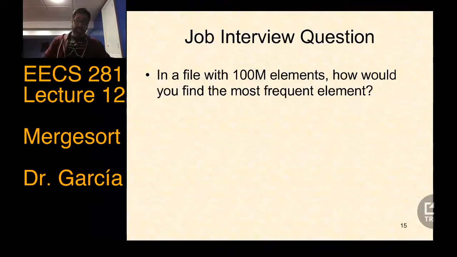If I ask you that we had 100 million elements, how would you find the most frequent element? Anybody care to offer a quick potential solution while I read some of the chat messages?